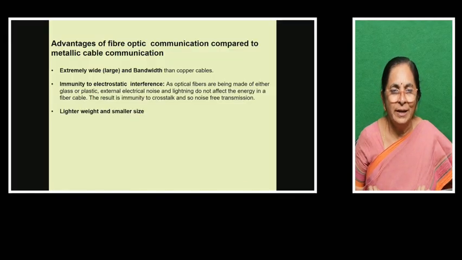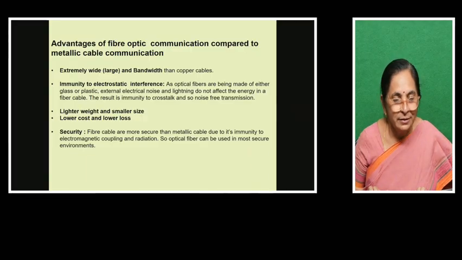Optical fibers are very lightweight and smaller in size compared to copper cables, and the cost of preparation is also very low, and very little signal loss takes place in optical fibers. The signals sent through optical fibers also have higher security, because fiber cables are more secure than metallic cables due to their immunity to electromagnetic coupling and radiation.